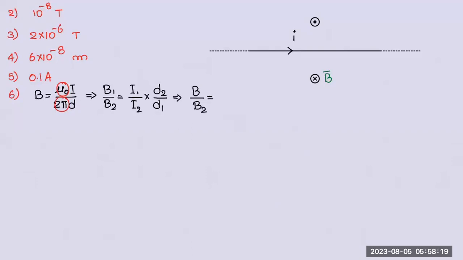If current is doubled, I1 is I, I2 is 2I. If distance is halved, initial distance is D, final distance is D by 2. Now D gets cancelled, I gets cancelled. Then you will end up at 1 by 4. So finally, B2 is equal to 4B. The magnetic field becomes 4 times. That's it. Anyway, seventh one, I want the answer.